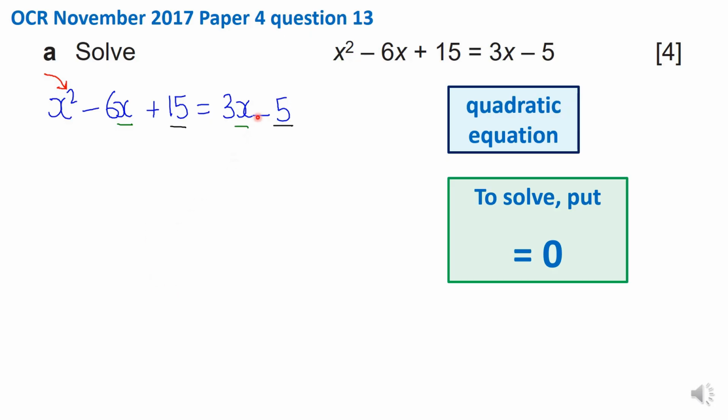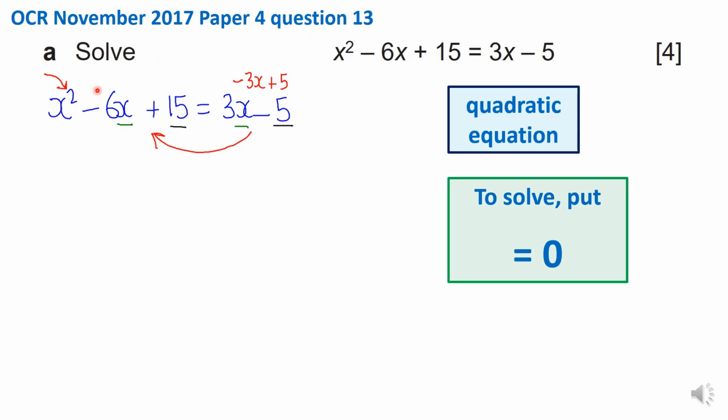So if we come to the left, this means that the terms 3x minus 5 have to move to the other side. And the way we do that is by cancelling them. So we can write minus 3x to cancel 3x and plus 5 to cancel the minus 5.